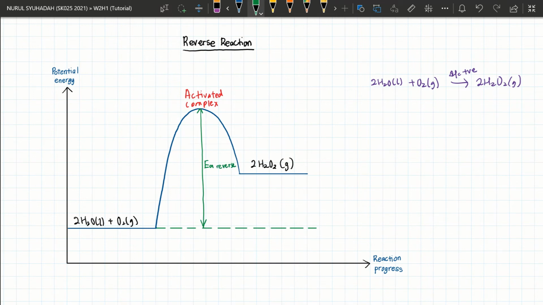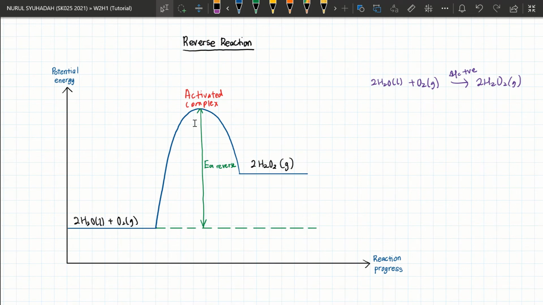As you can see here, and compared with the one that you have drawn before, the value of activation energy for the forward and the reverse reaction will be different. If you look from the arrow, for the reverse reaction, the value of activation energy is higher compared to the value for the forward reaction just now.